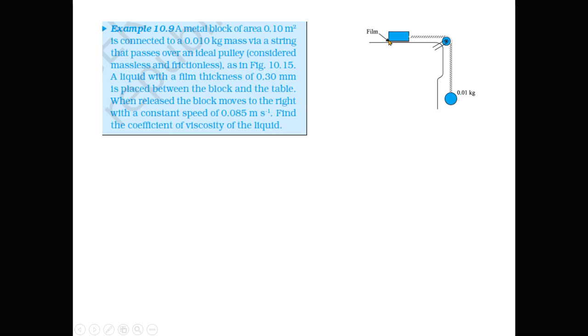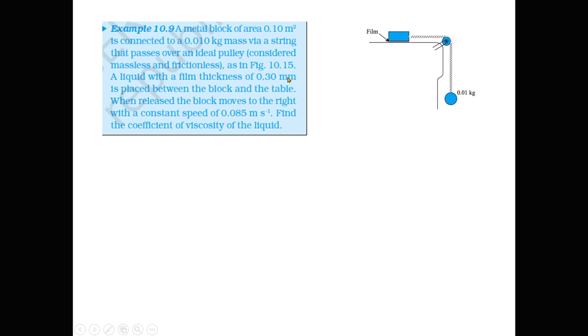So when the thickness changes from 0 to the film thickness, the velocity changes from 0 to 0.085 meter per second. So in this case, dy is equal to 0.030 millimeter.